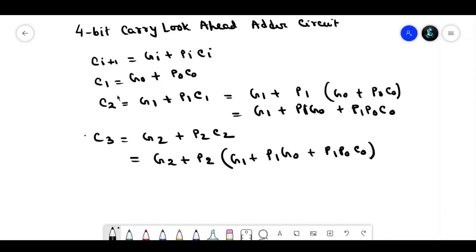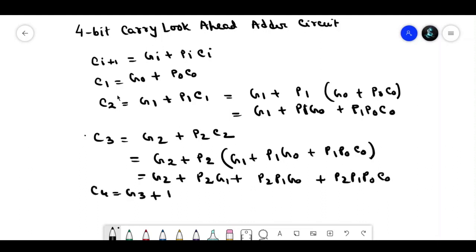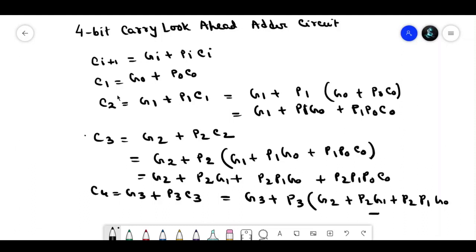Okay. So now I will write the equation like this: G2 plus P2 G1 plus P2 P1 G0 plus P2 P1 P0 C0. Now for C4 I am writing G3 plus P3 C3. Here G3 plus P3, and in case of C3, I am putting G2 plus P2 G1 plus P2 P1 G0 plus P2 P1 P0 C0.